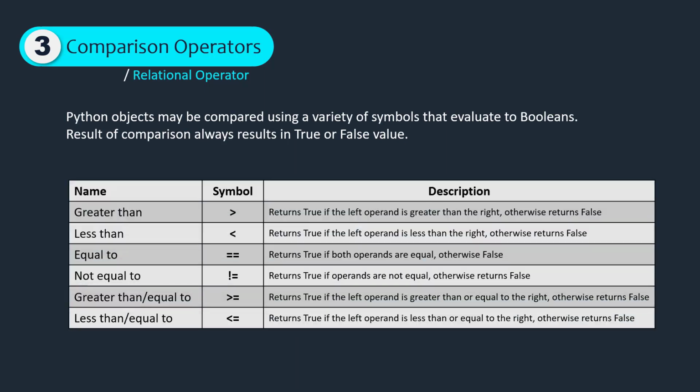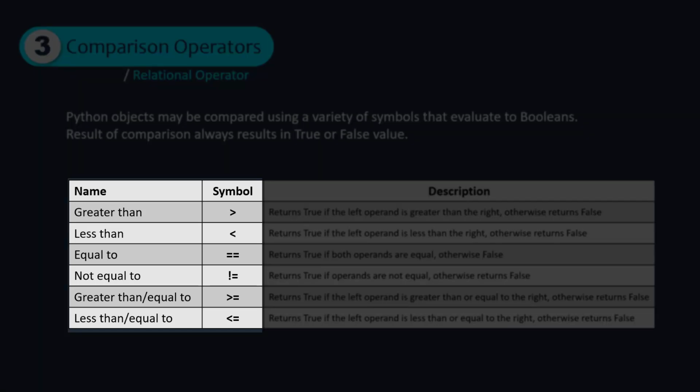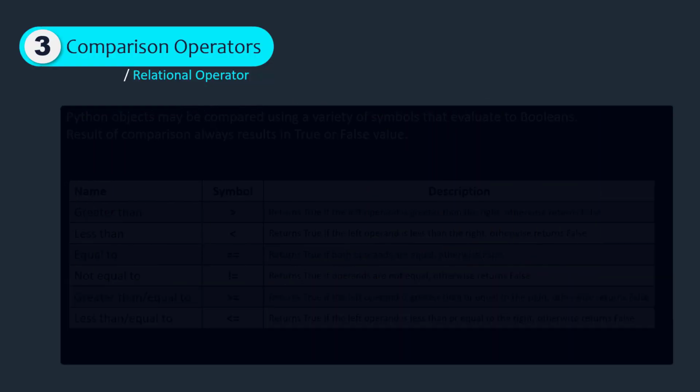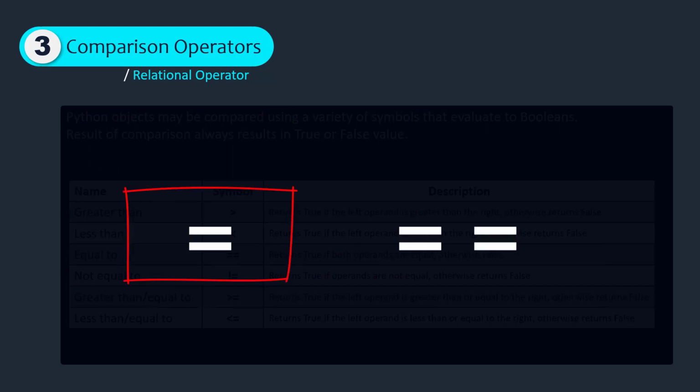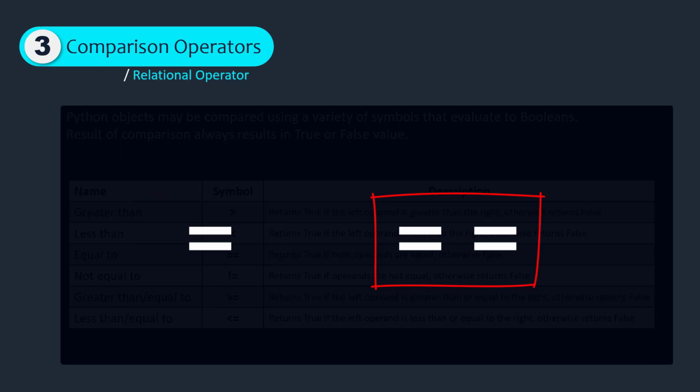So look at the table below. It says there are altogether 6 comparison operators: greater than, less than, equal to, not equal to, greater than equal to, and less than equal to. As you can see on the screen, on the left side we have equal to and on the right side we have equal to. This equal to we have seen in the assignment operator, and this equal to we are seeing right now is a comparison operator. So don't confuse them.